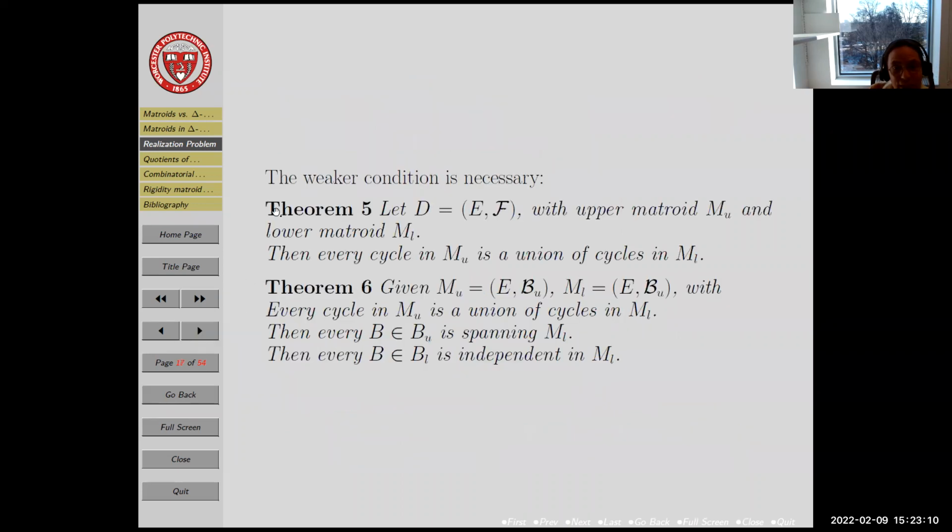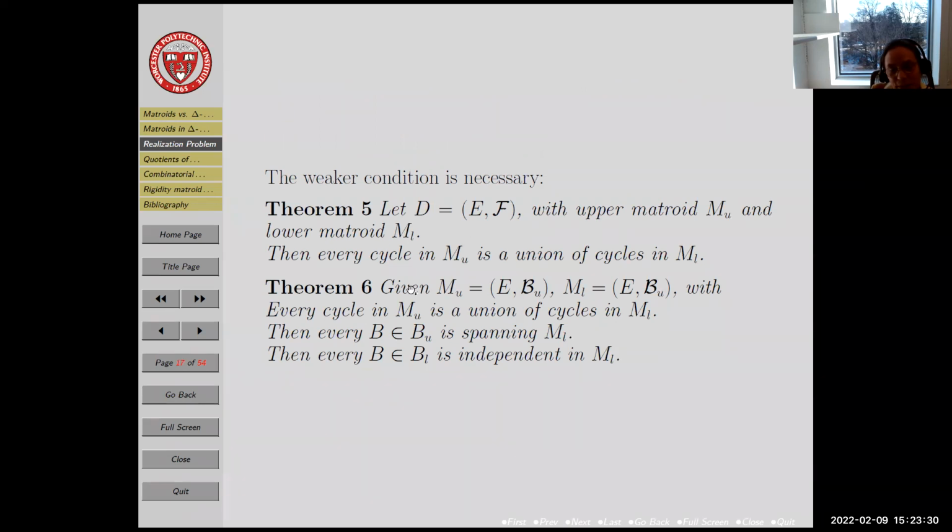So then we can show very easily that the condition that every cycle in the upper matroid should be a union of cycles in the lower one is actually necessary.